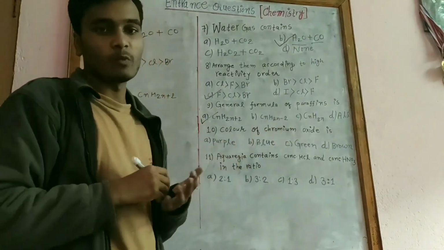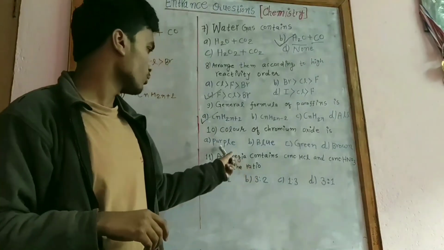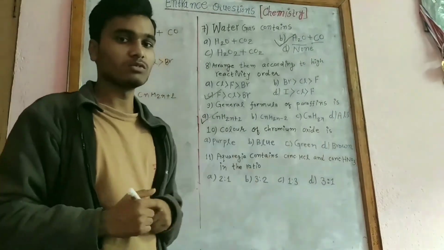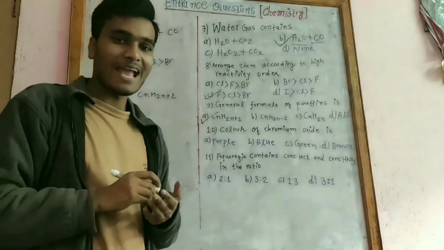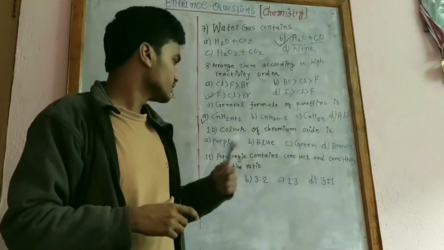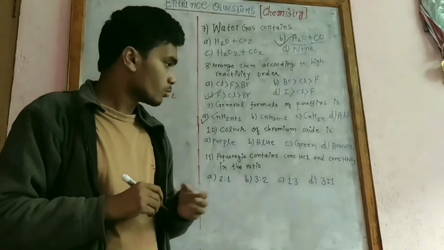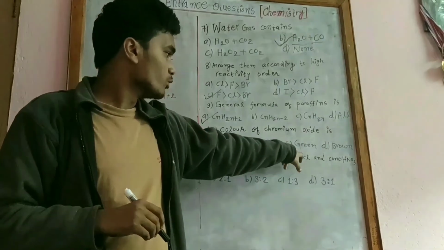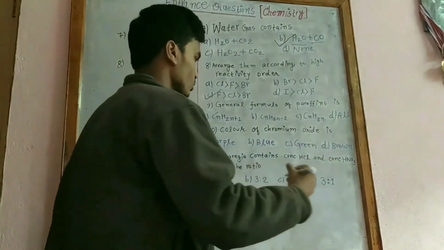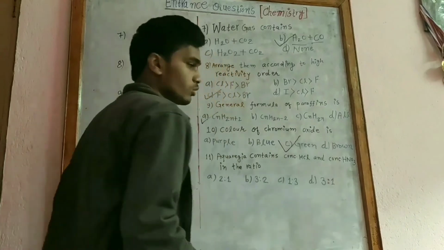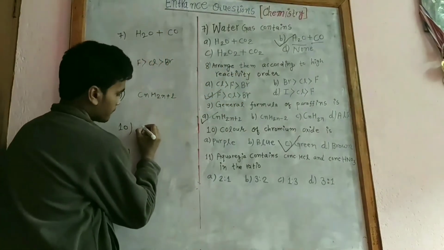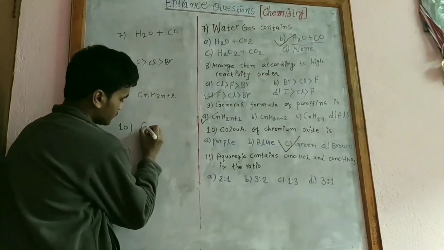Now, what is the color of chromium oxide? Purple, blue, green, or brown? This purple is manganese oxide, blue is cobalt oxide, this is chromium oxide, and this is iron oxide. Therefore, answer C is green.